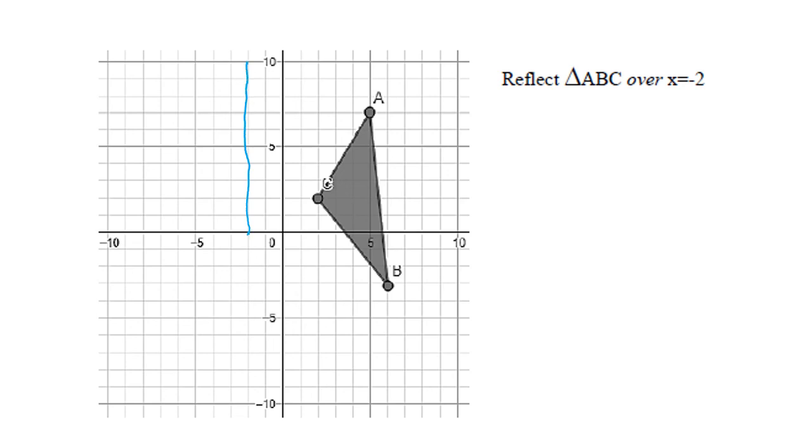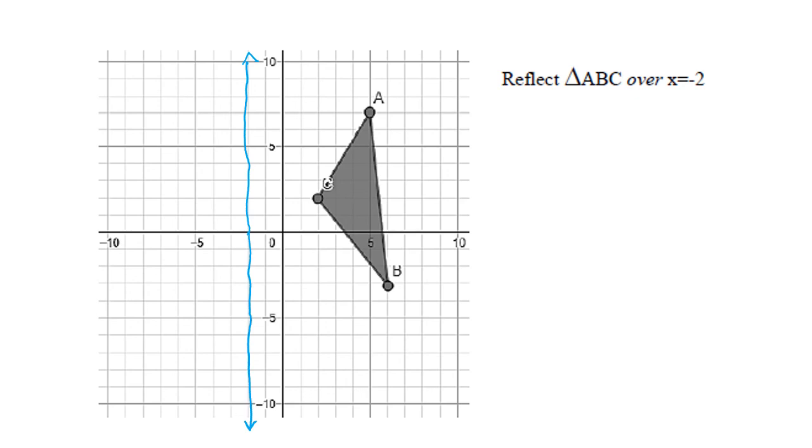Gotta be careful with drawing this. Be as close as I can. Okay, now x is always -2 all along that line. So if I relate this back to what axis this looks like, it looks a lot like the y-axis.